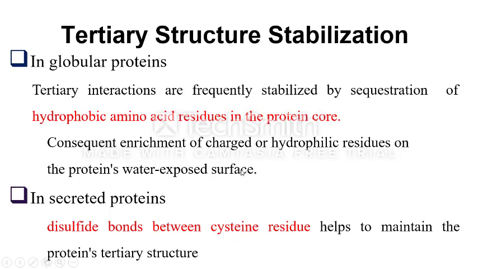So basically, in globular proteins, the hydrophilic parts are on the outer part of the protein. In secreted proteins, the disulfide bonds between cysteine residues help to maintain the protein tertiary structure. So these disulfide bonds basically play an important role.